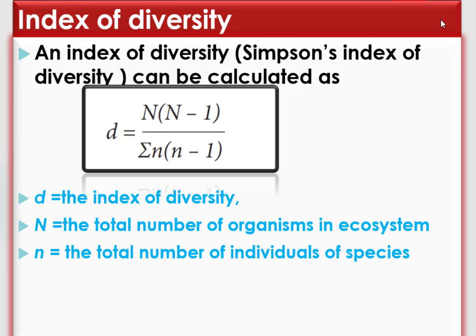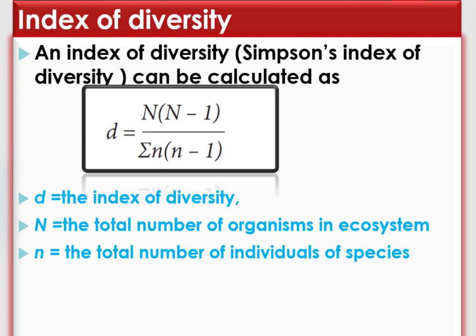To determine the biodiversity status of an ecosystem, we can calculate the index of diversity in that ecosystem. Index of diversity is a number indicating an ecosystem's biodiversity. An index of diversity can be calculated, and this can be used to give a picture of the ecosystem as a whole.